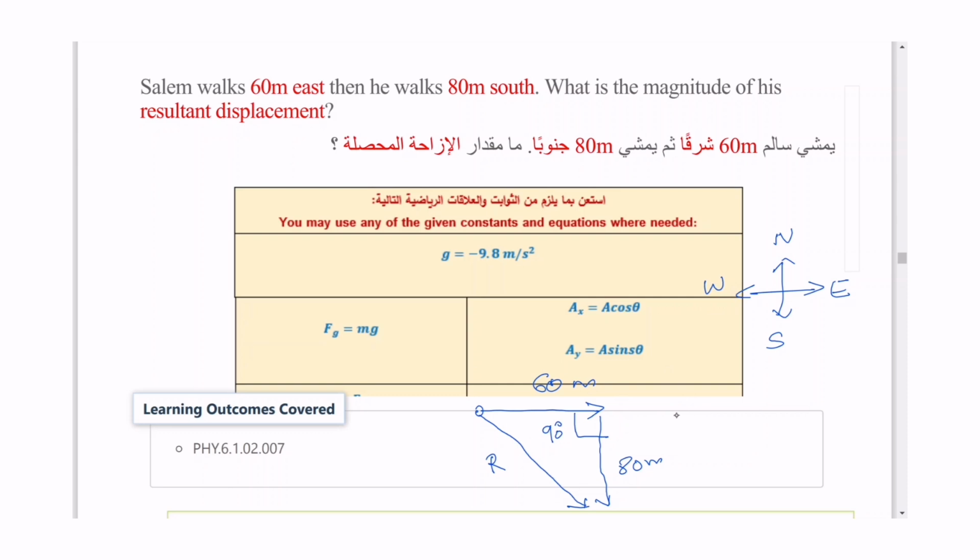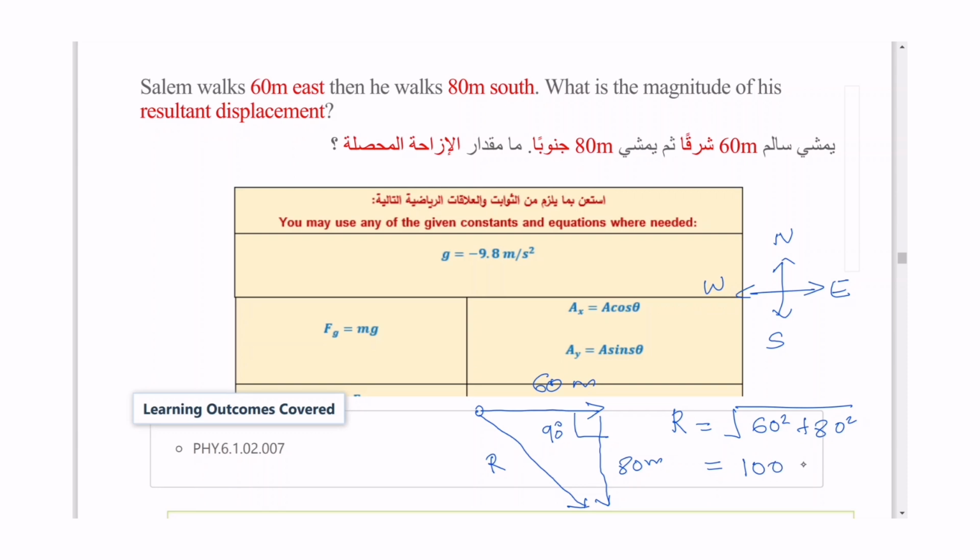So if two vectors are perpendicular, to calculate the resultant you will use the Pythagorean theorem: square root of 60 squared plus 80 squared, which equals 100.